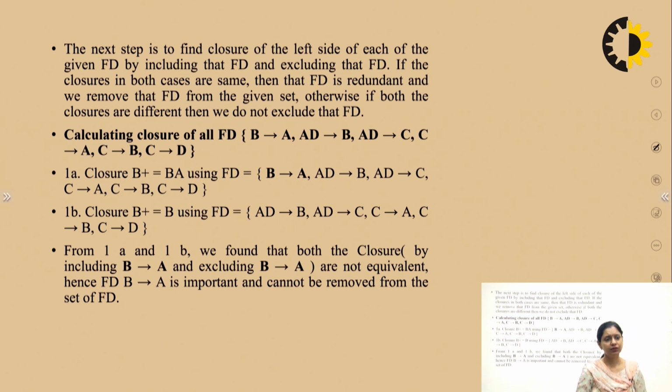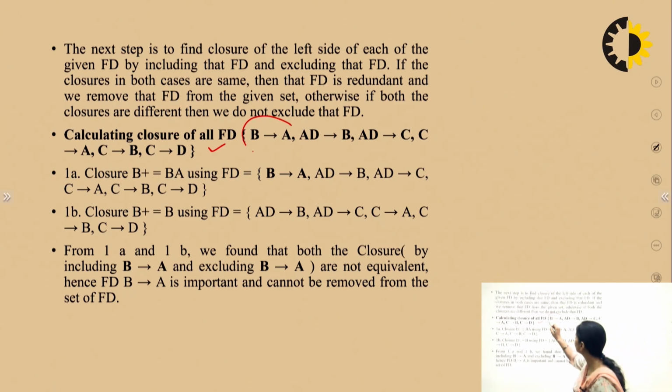Now when we are finding out the closure of the left hand side, including and excluding the functional dependency, if the closures are equal, in that case we'll say that the functional dependency is redundant and we can remove that functional dependency from the given set of functional dependencies. But if they are different, in that case, we'll say that it is important to keep. It is not a redundant functional dependency, and hence we will not exclude it from the set of the functional dependencies.